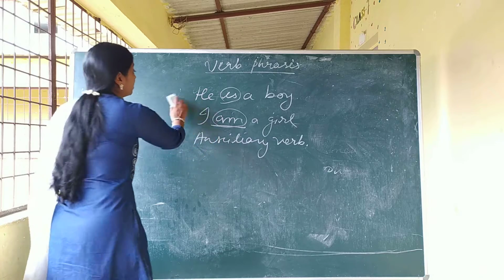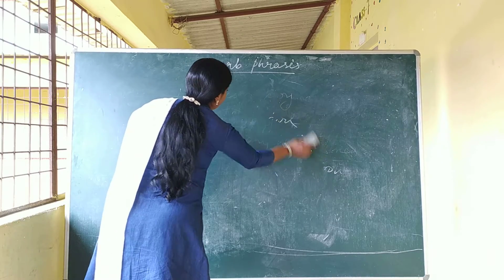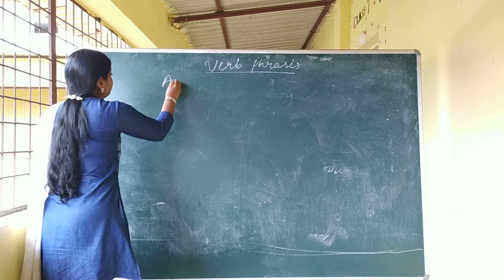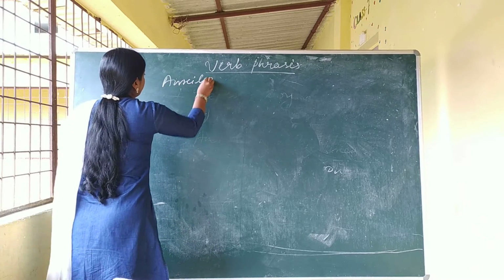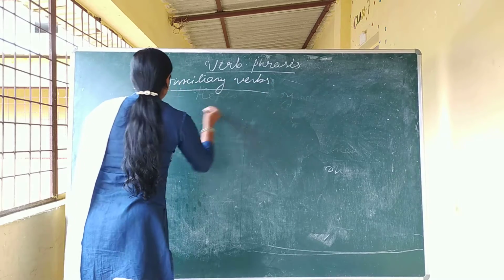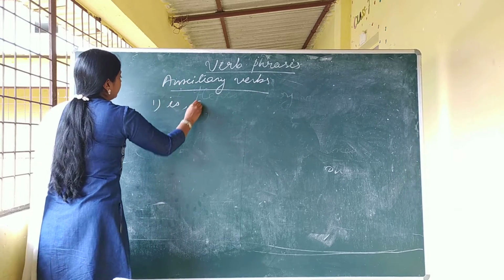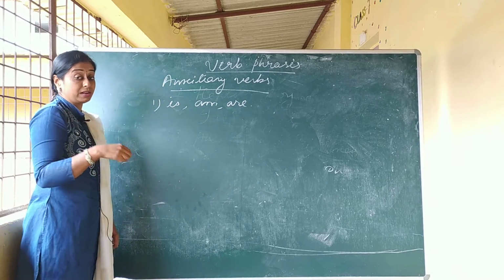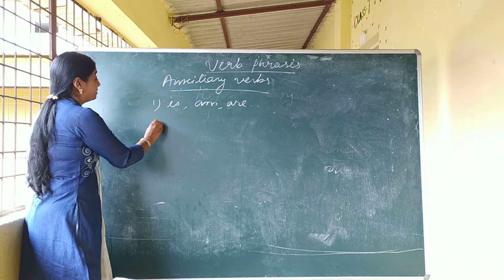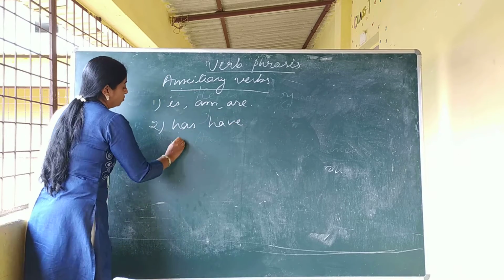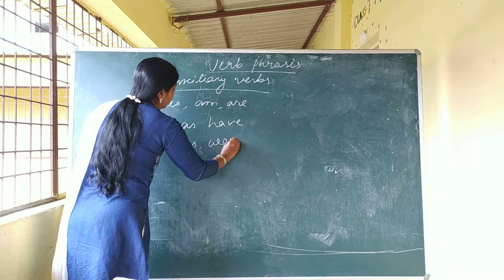So what are the auxiliary verbs? First of all, we shall see. There are so many kinds of auxiliary verbs. Auxiliary verbs: is, am, are. We have done this before also when we were doing tenses, is it not? Then comes has, have, was, were.